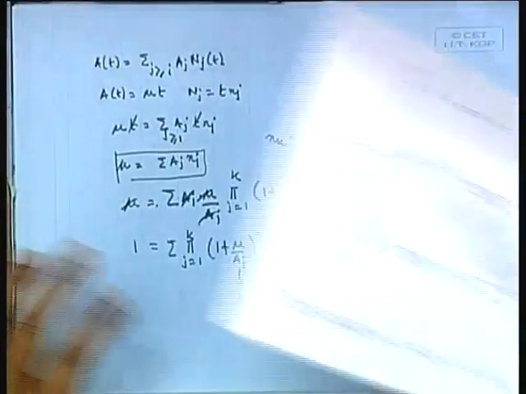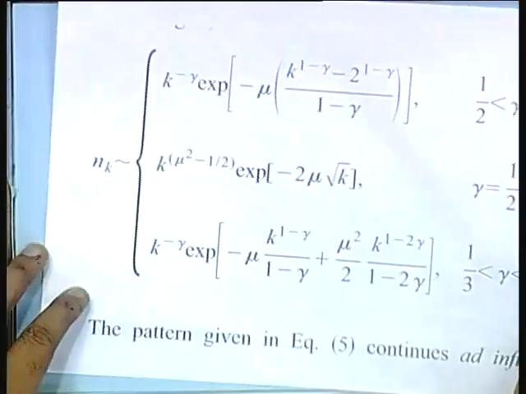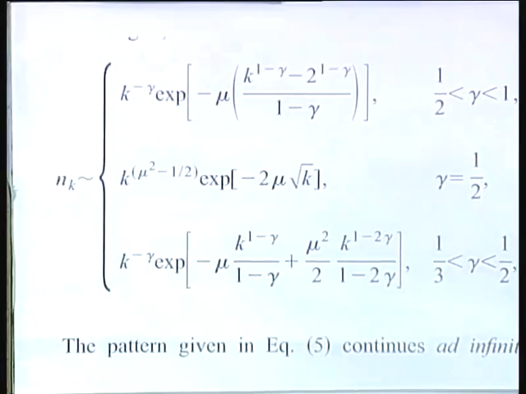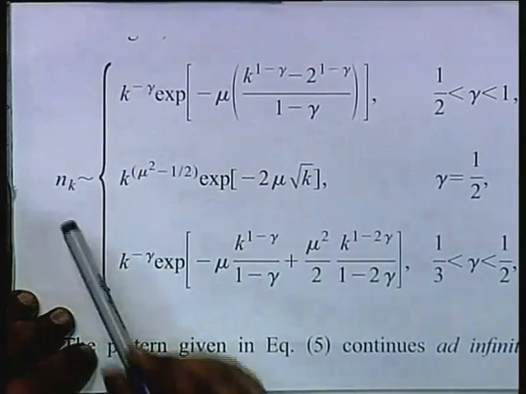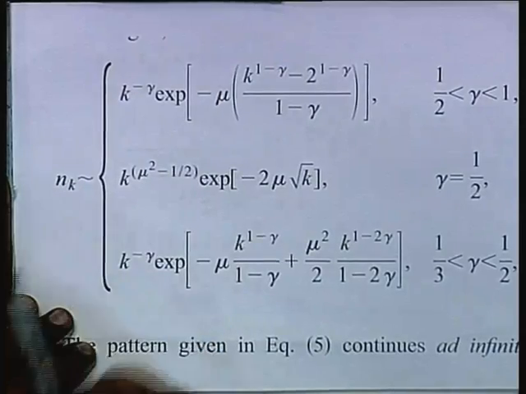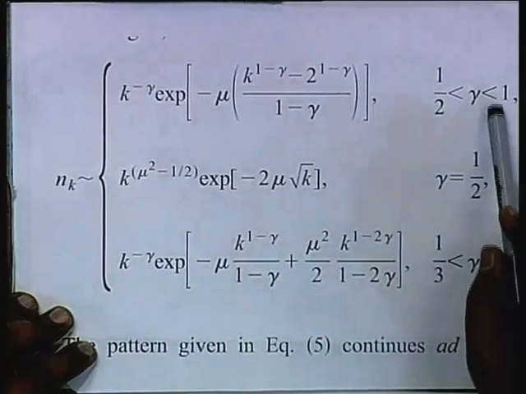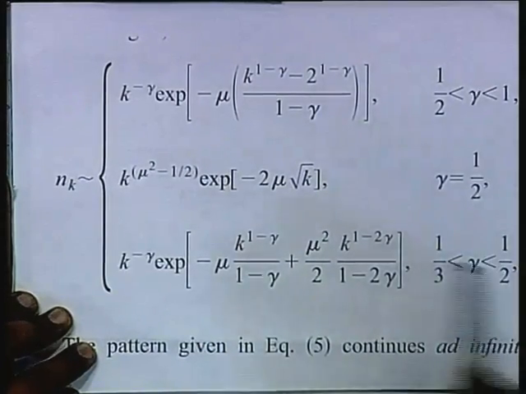That is always the problem with complicated equations. But anyway, luckily this can be suitably analyzed, and then what we see is that n_k has this type of behavior.